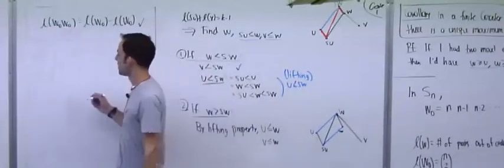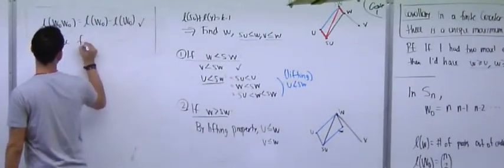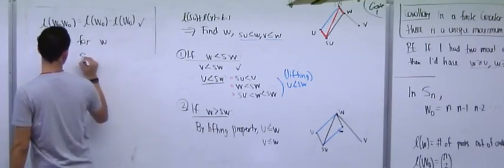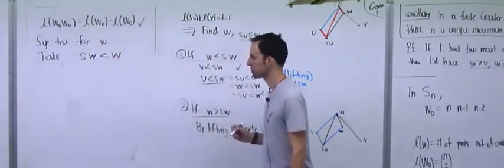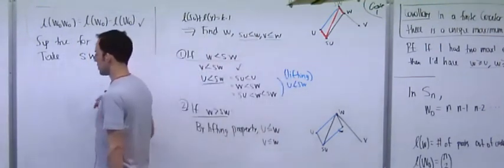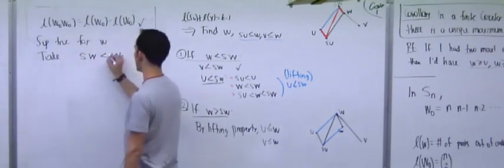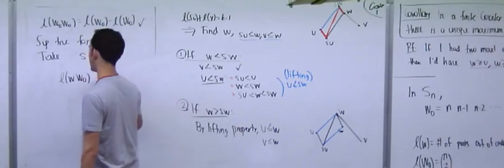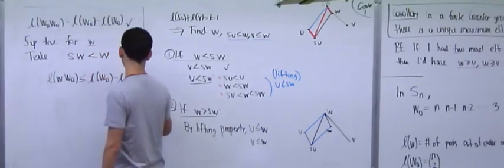Now, suppose it's true for W, and now let's take some SW, which is less than W. So, what am I saying? It's true for W, which means that the length of W naught is less than or equal to the length of W naught minus the length of W.